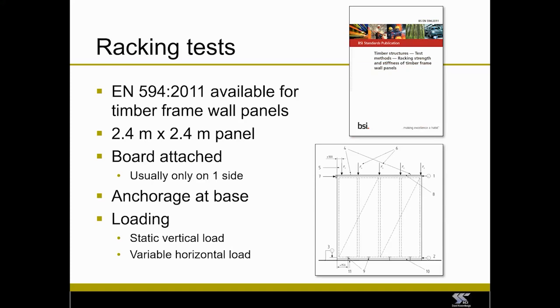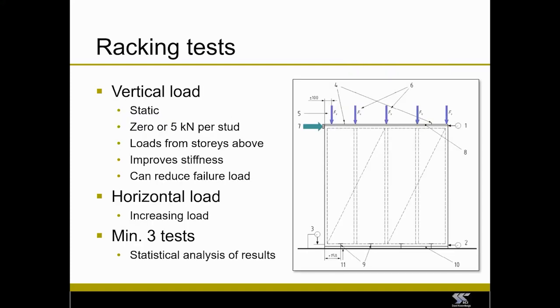The test methodology follows that of the timber frame structures, so this EN 594 test standard. The base anchorage needs to be adjusted slightly from what is described in that standard to suit the light steel frame panel, but otherwise the same methodology is used.